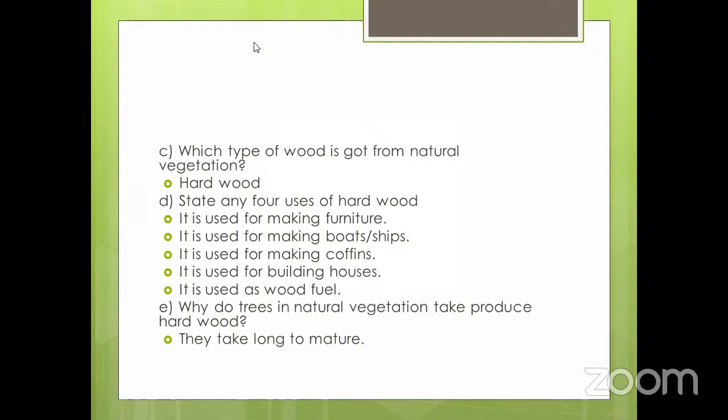Yes, Techno. Maybe tropical. The question was simply, which type of natural vegetation provides hardwood for boat or ship building?